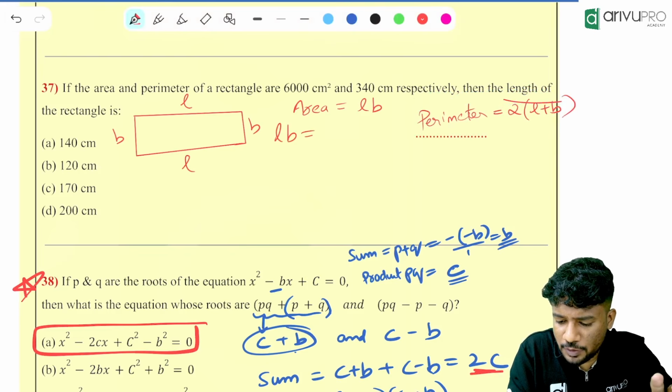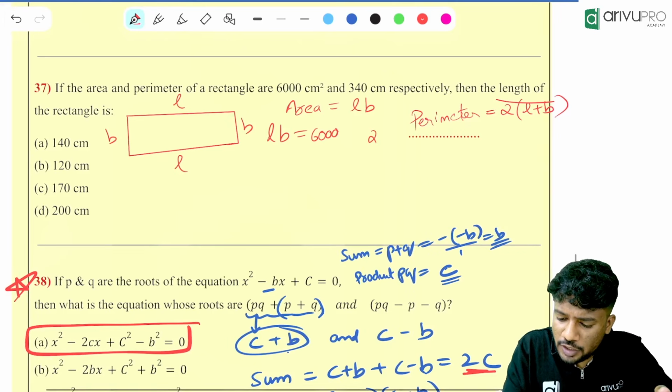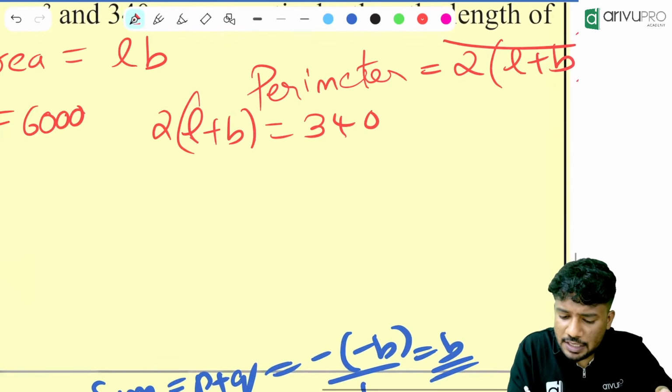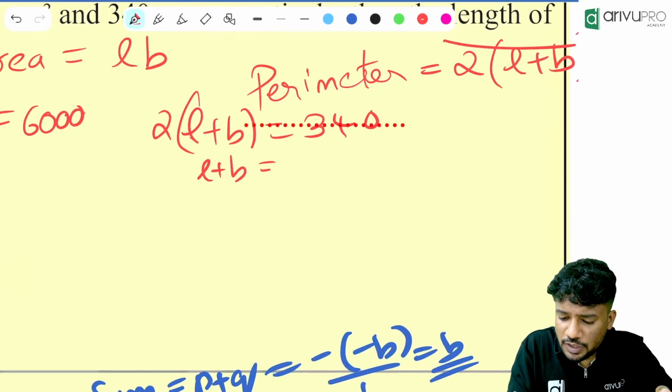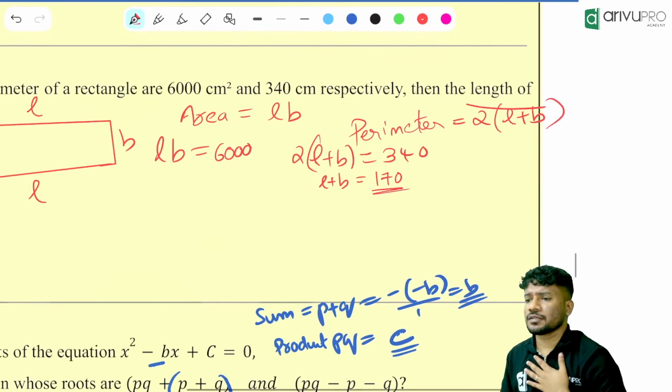Length into breadth is equal to 6000. Then, 2 into (L plus B) is how much as per the question? 340. From this, can I say that L plus B is equal to 340 divided by 2? 340 divided by 2 is how much, people? 170.